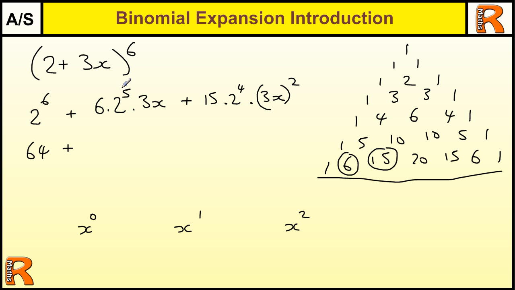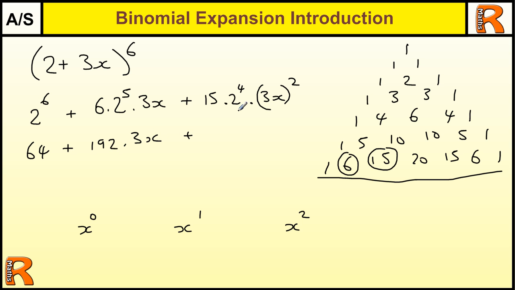Then we've got 2 to the power of 5, which is 32, 32 times 6 is going to be 192, and times 3x, I'll work that out in a second.